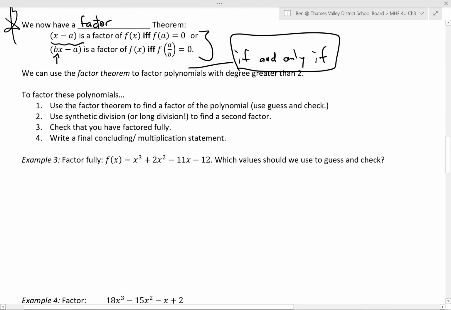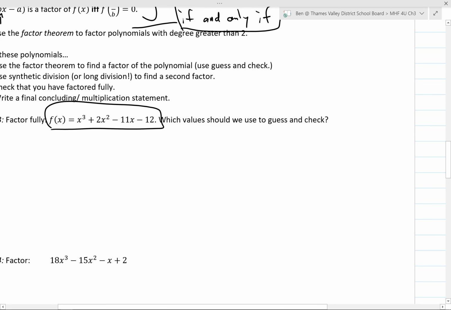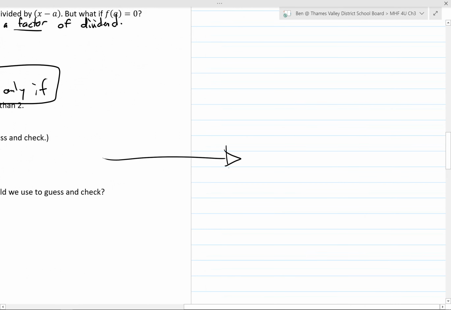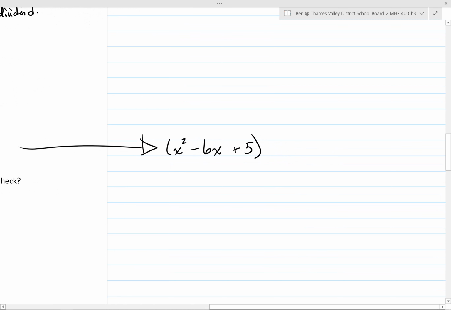We'll keep right on going down here, and we'll try and use our factor theorem to factor some polynomials. Now, when we start off, we're trying to guess and check. If I'm looking at a simpler problem, let's say a quadratic, we all know how to factor some quadratics. If I'm working with x squared minus 6x plus 5, then where I start, if I'm trying to factor this, is I take a look at this 5.